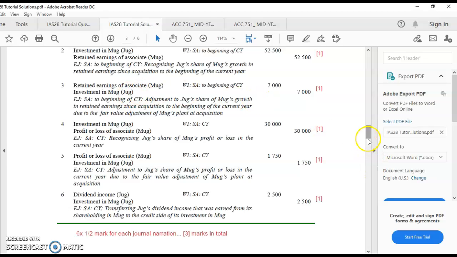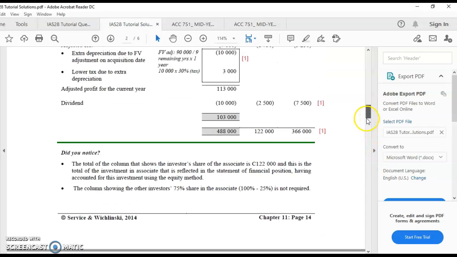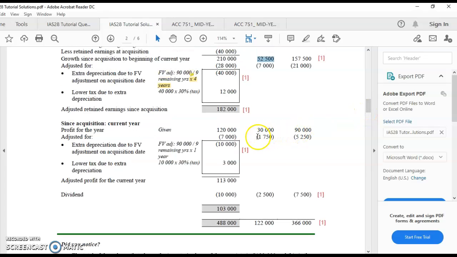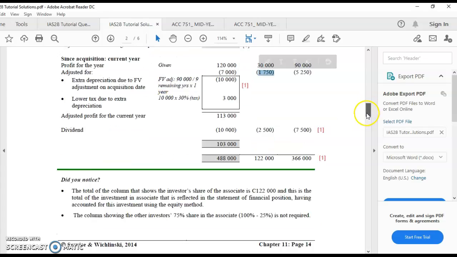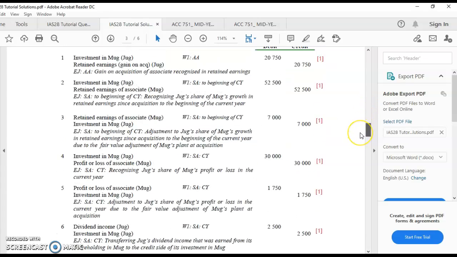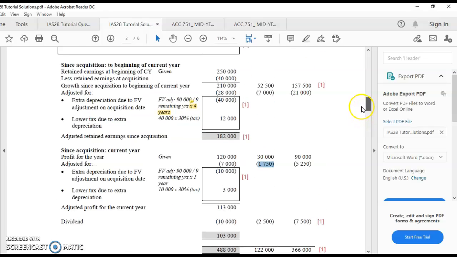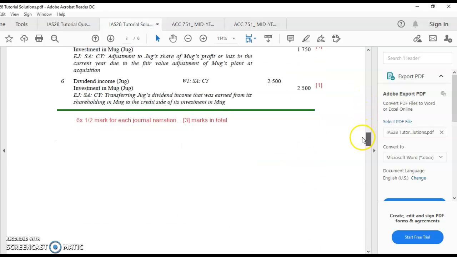Why? Because it's the other way around, the investment is decreasing here. You see how we calculated the net 7,000. So it's decreasing our profits, so the journal is the inverse, 1,750. Pardon me, we are here since acquisition, that is your 7,000.